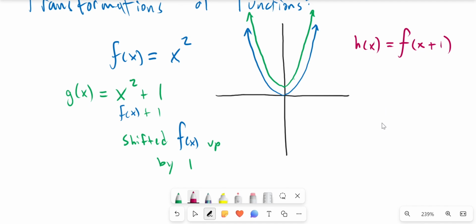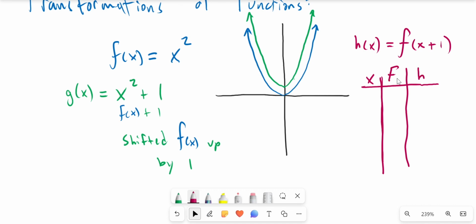What would happen for different values of x to my f and my h of x? Let's just do -2, -1, 0, 1, and 2. Then the squares are 4, 1, 0, 1, and 4.